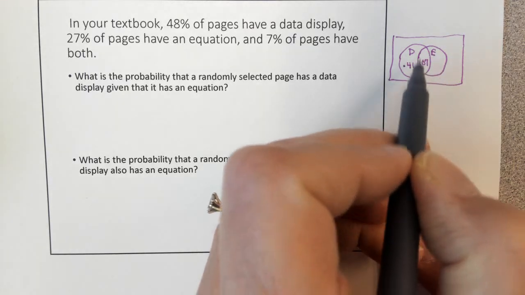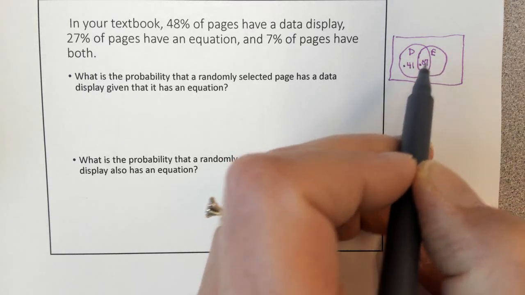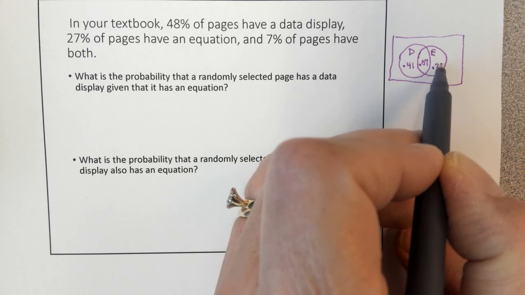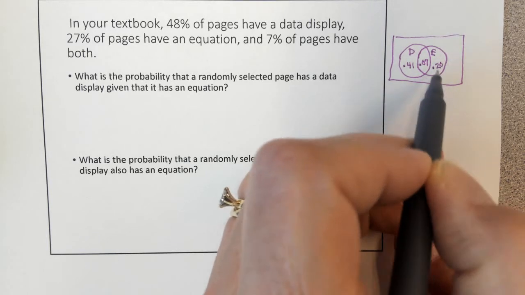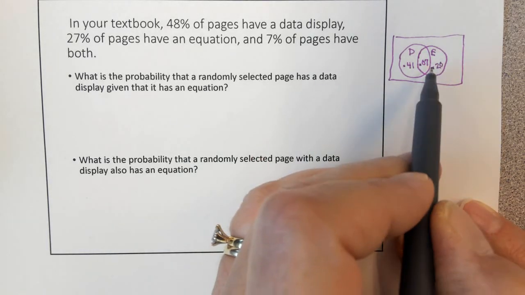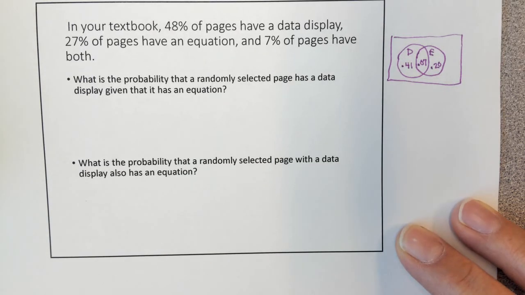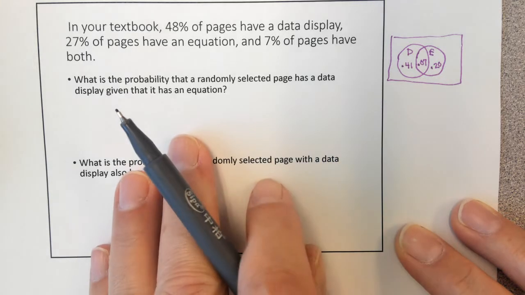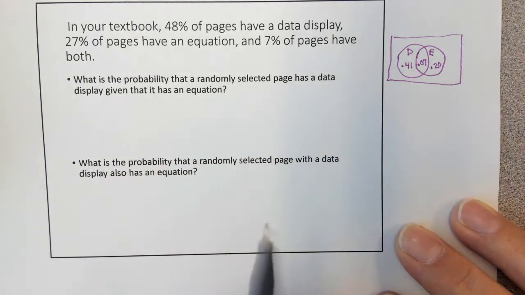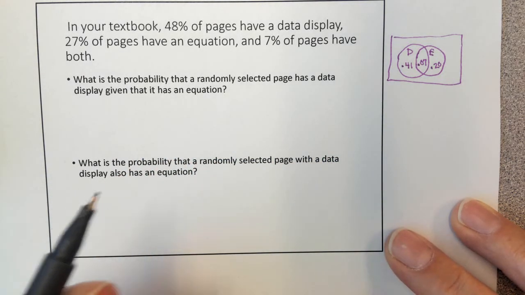And in the equation circle, there's a total of 27, which means 20% have to be in this moon-shaped section off by itself, because the 7 and the 20 have to add up to the 27%. You don't need the picture to do the problem, but it'll help reinforce where those numbers are coming from.